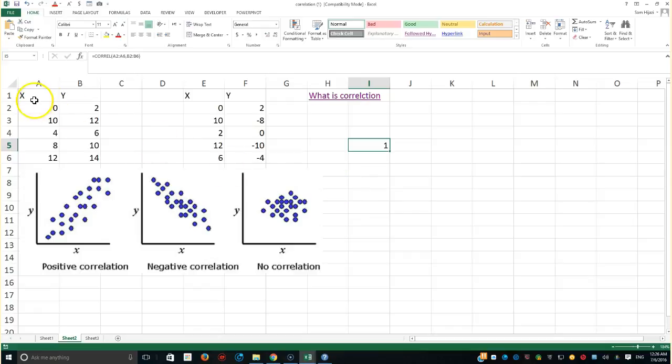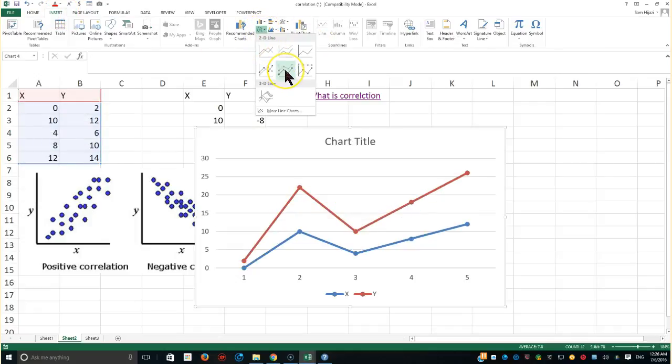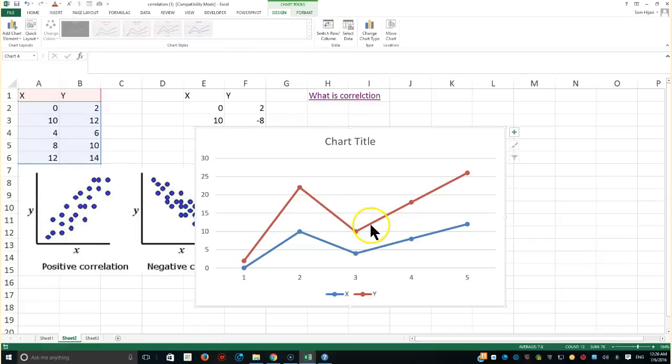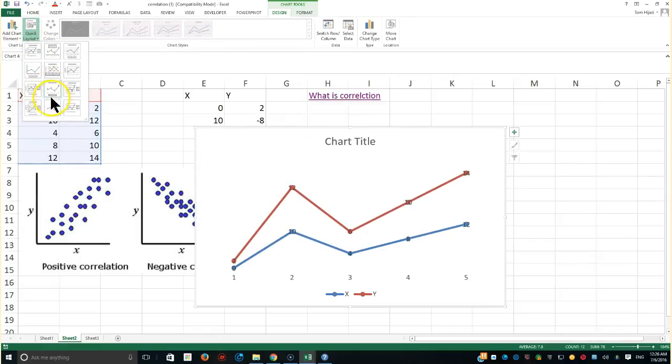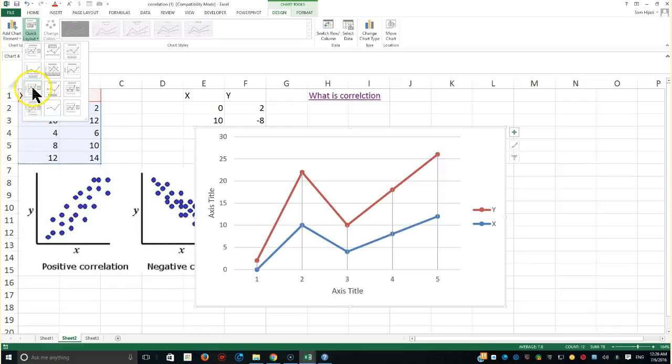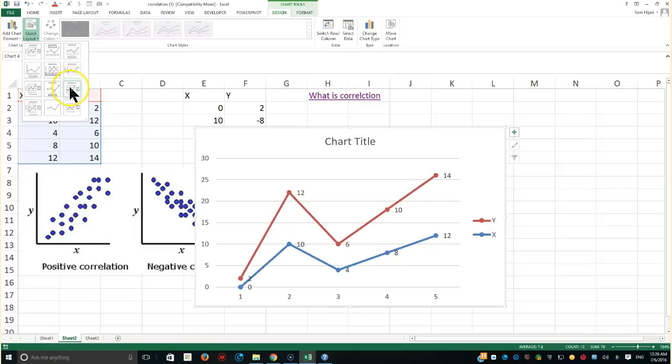So if I take these two and insert a chart with the two pieces of data, I could also get it to show me the actual value. Here we go. Yes, we could show the actual value on the chart.